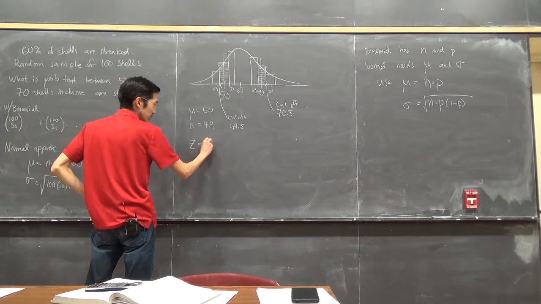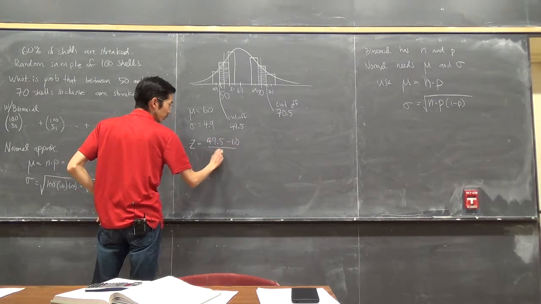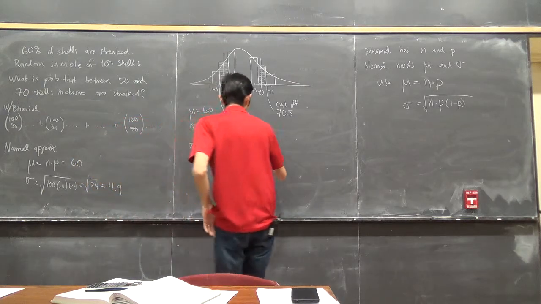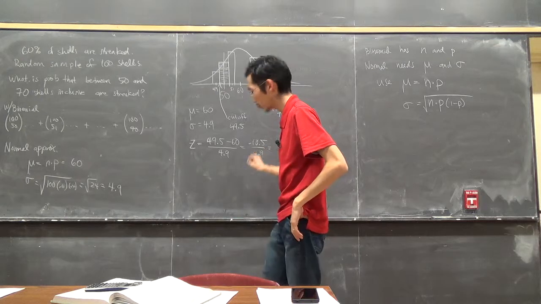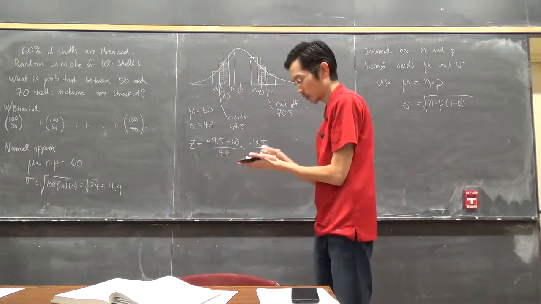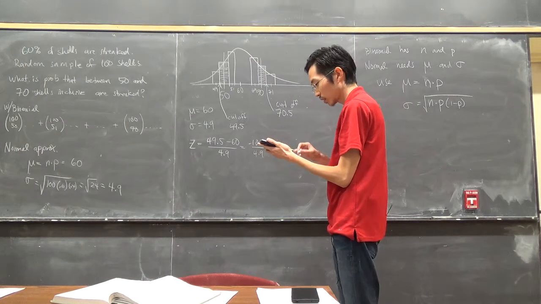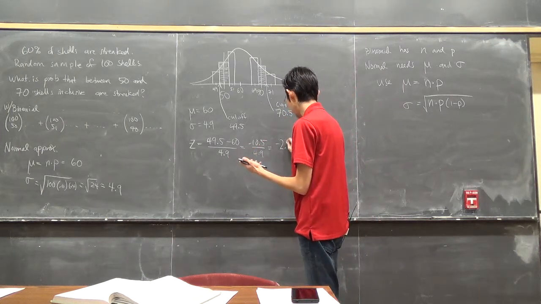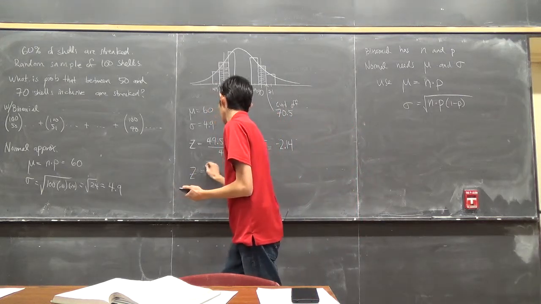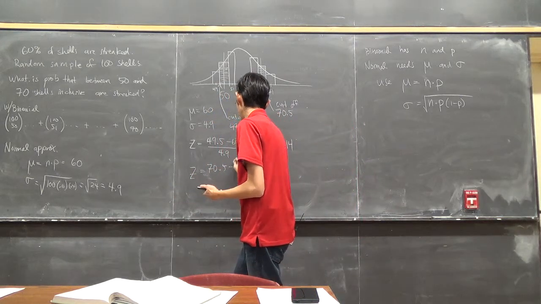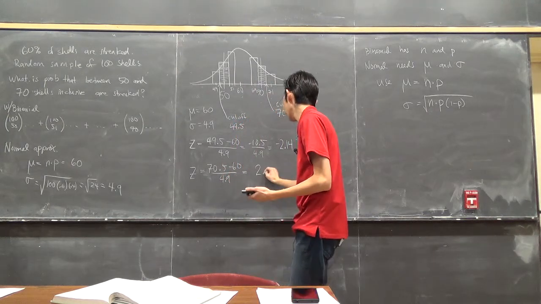Here I would have two z-scores to calculate. z is equal to 49.5 minus 60 divided by 4.9, which is negative 10.5 over 4.9, and I get negative 2.14. On the other hand, 70.5 minus 60 over 4.9, and I would get positive 2.14.